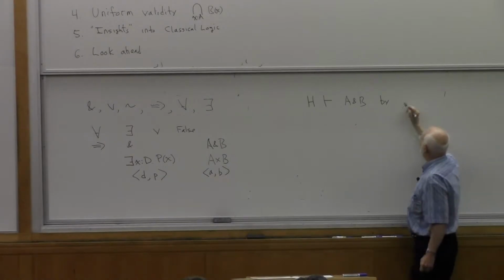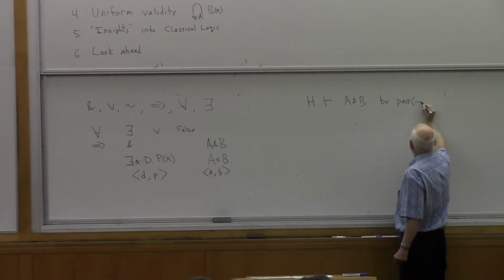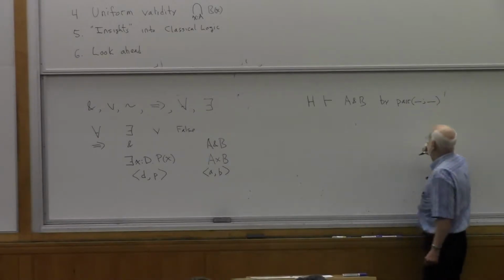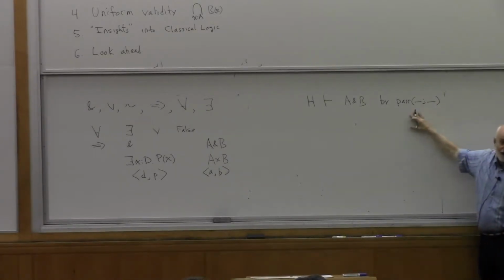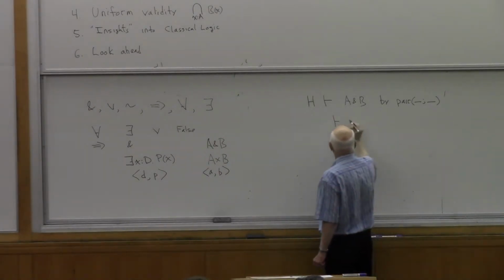Okay, so our rule here for this is pair, in a sense. So we write the thing like that, because we know we're going to go after a pair. And this generates the sub-goals to prove A and B.